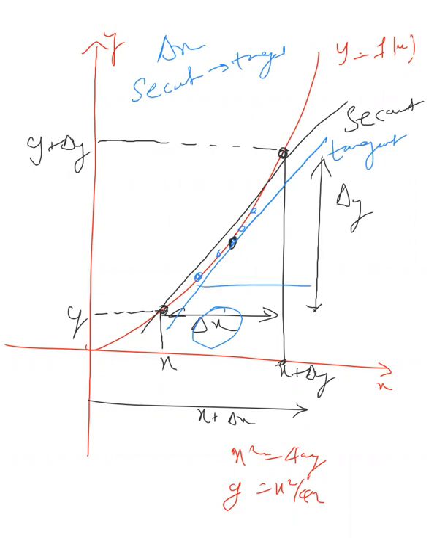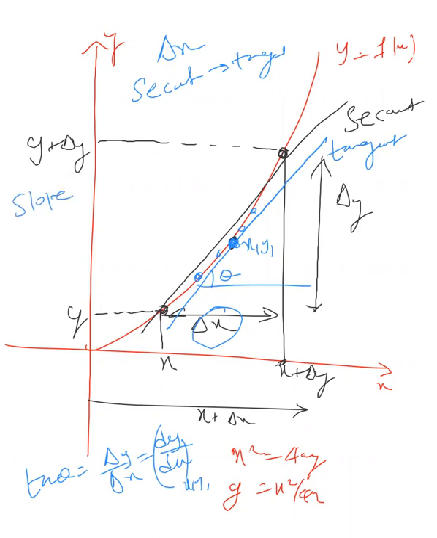The slope of the tangent, because tan theta is nothing but delta y by delta x, but now delta y has become dy and delta x has become dx. The slope of the tangent is called the derivative of y with respect to x at that particular point, suppose it is x1 comma y1. So at that point, the tangent slope represents the derivative of y with respect to x.